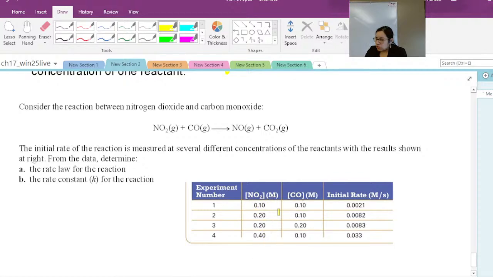Just compare them for a second and see if you can determine the rate law. That's the first thing you want to focus on. If you're feeling really confident, you can try to solve for K, but just compare the data. What do you notice? Can you figure out the orders of our reactions?